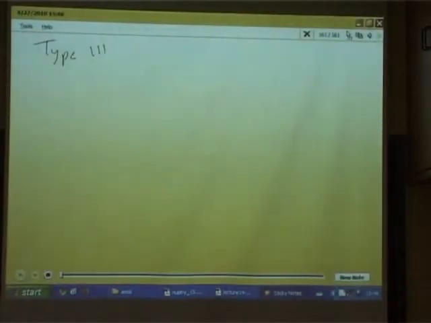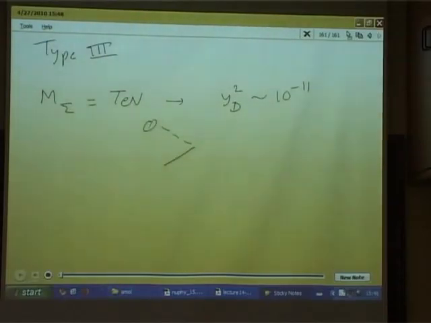If m sigma is equal to TeV, then yd squared is 10 power minus 11, and therefore if you want to create that through this phi and L going into sigma, it is unobservable.